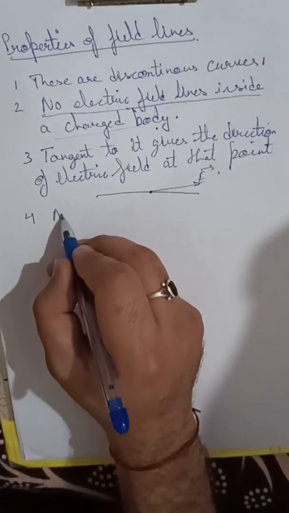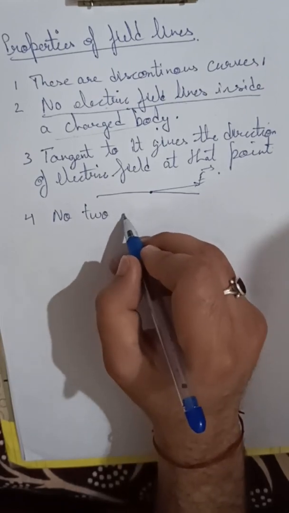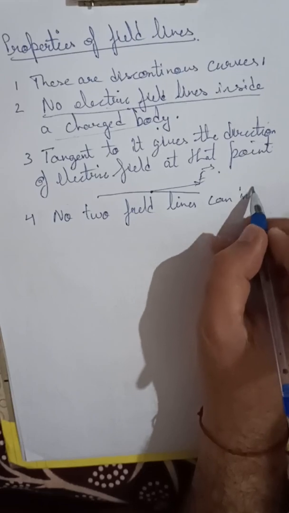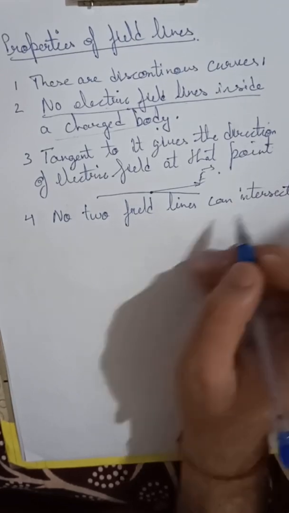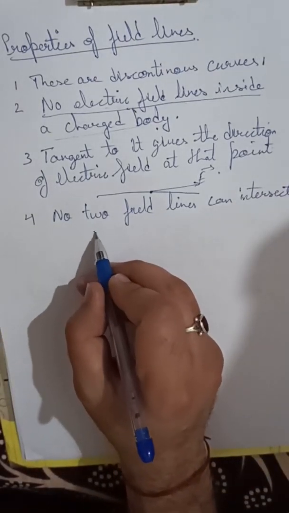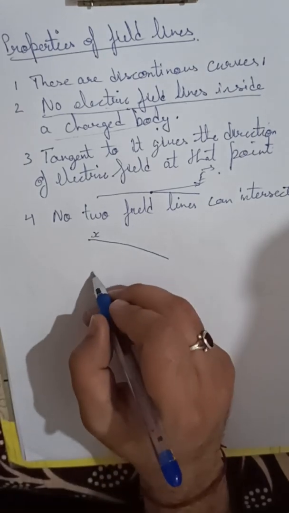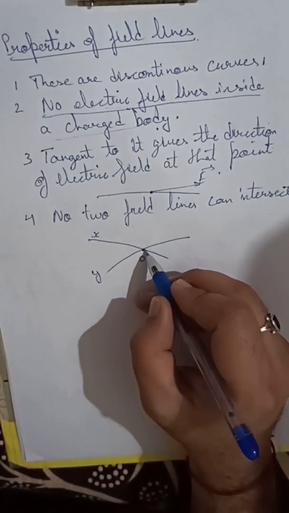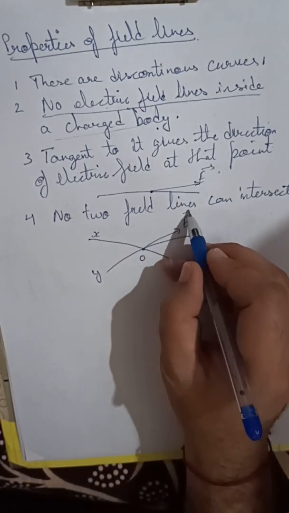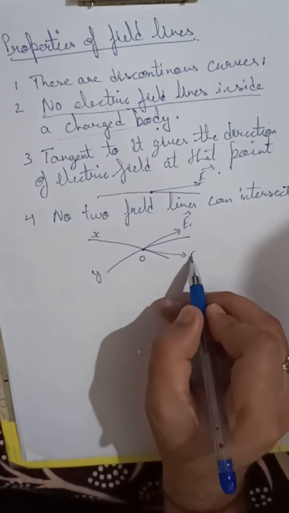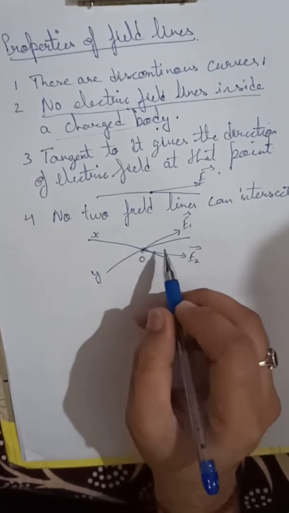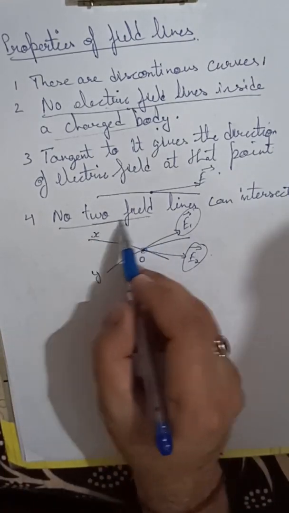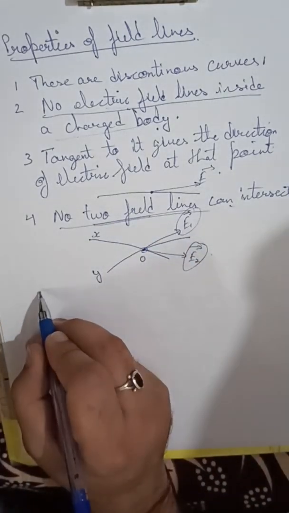Fourth, no two field lines can intersect. This you already know why. Suppose X is one field line and Y is another field line, they are intersecting at O. If we draw a tangent, we will find here E1, say we will find here E2. But at a single point, it is not possible that there are two directions of electric field. So therefore, no two electric field lines can intersect each other.